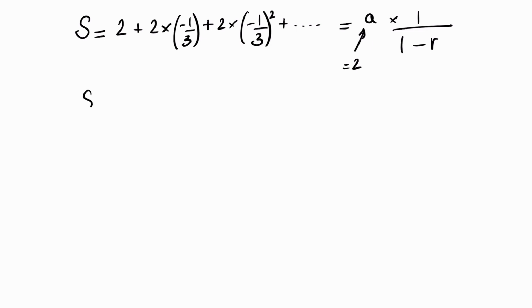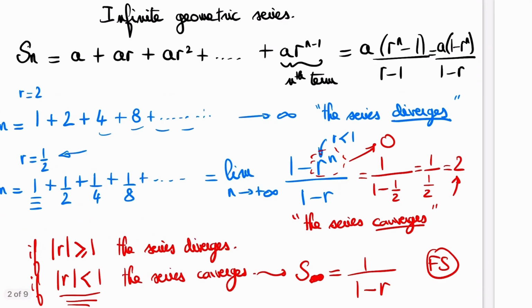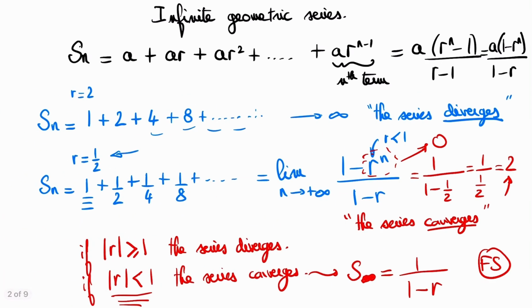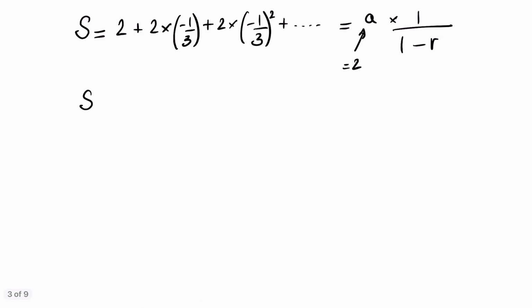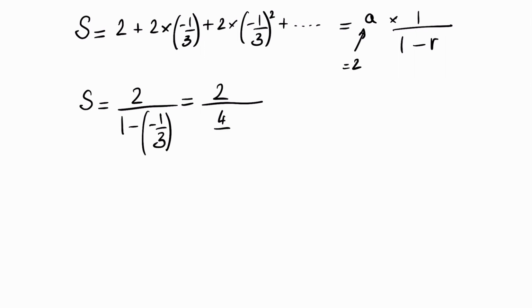Actually, I made a mistake here. This is not 1 over 1 minus R, this is A over 1 minus R. So S is equal to 2 over 1 minus minus 1/3, which is 1 plus 1/3, so it's going to be 4/3.